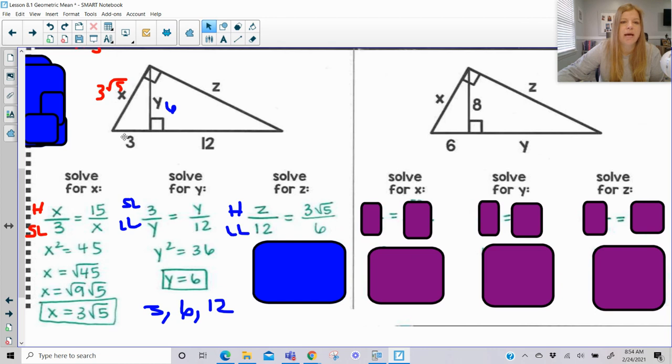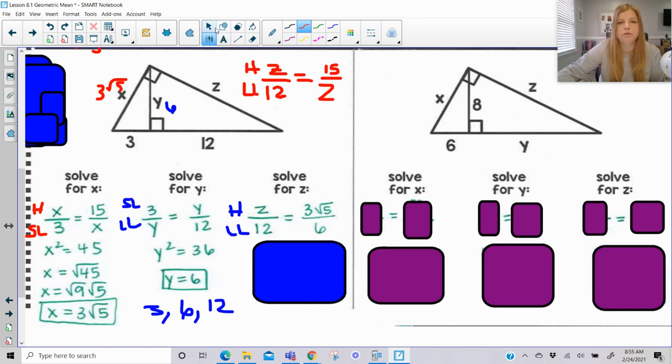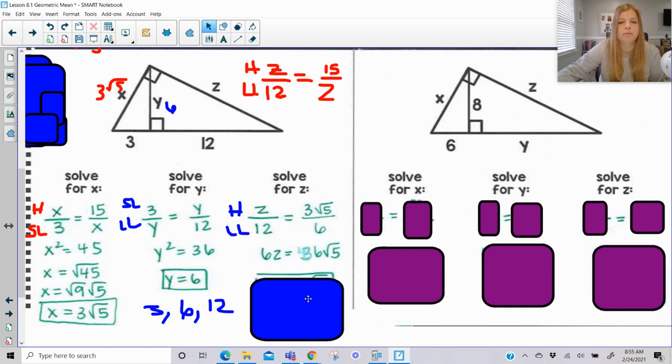I could also look at the hypotenuse of 15 and set that over the longer leg of Z. So I could set it up this way, or I could set it up as Z over 12. So again, that's a Z. So hypotenuse over long leg equals the hypotenuse of the big triangle, 15, over the long leg of Z. And I promise you, no matter which way you choose to set it up, you're going to get the same result.